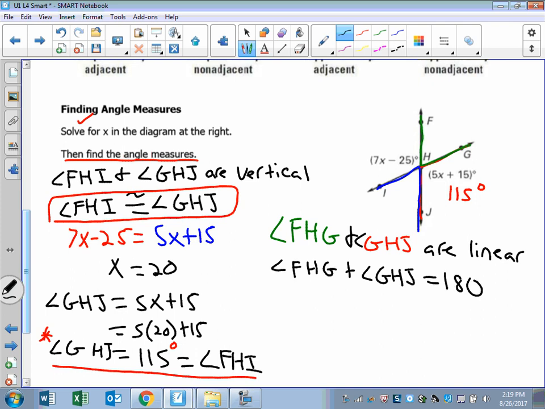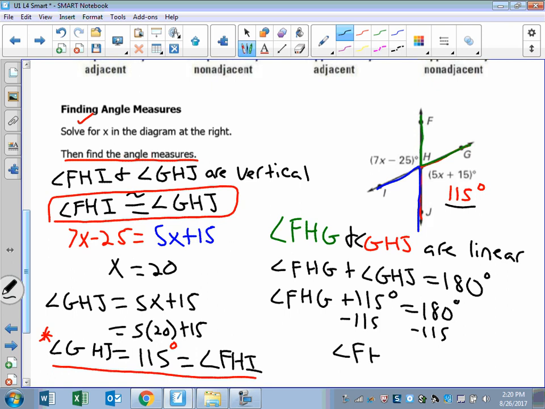Well, we know that angle GHJ is 115. So we have angle FHG plus 115 equals 180. So we can just subtract 115, and we get angle FHG is 65 degrees. Okay, so we have this one, 65.